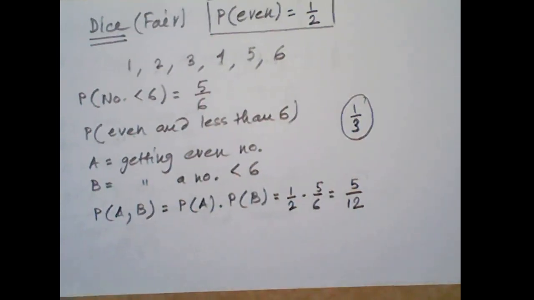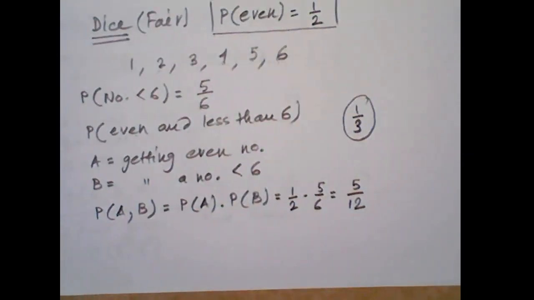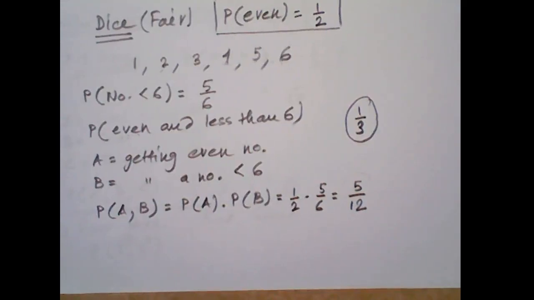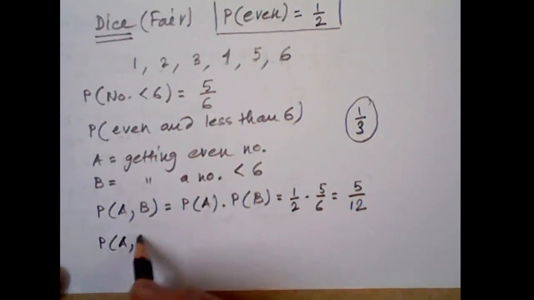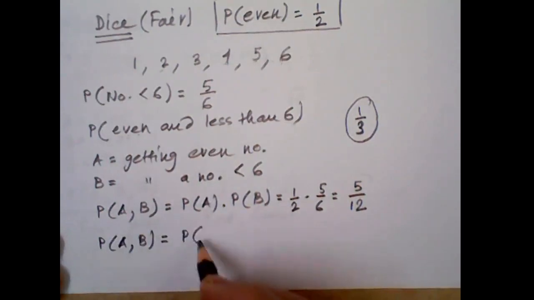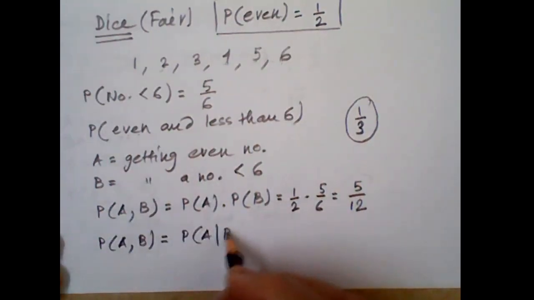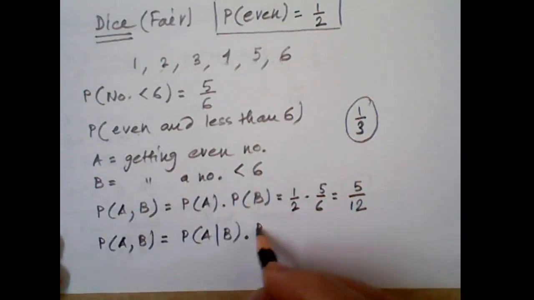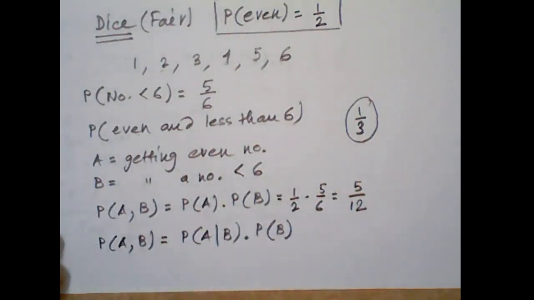So in that case, what kind of operation do we use to calculate the joint probability? Here, in this case where the two events under question are not independent, the probability of A comma B should be probability of A given B times probability of B. So in simple language, what does this mean?